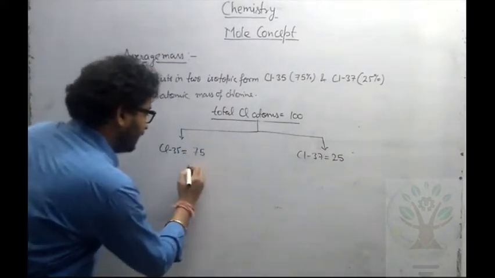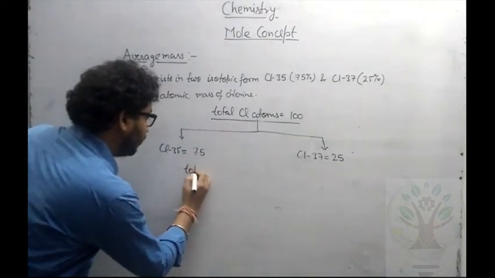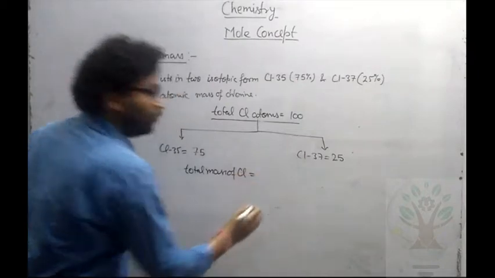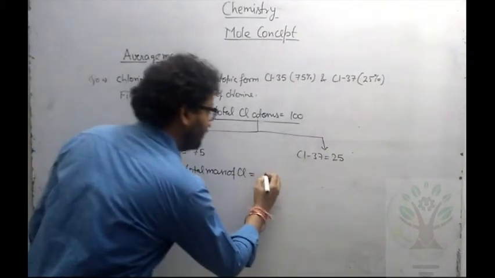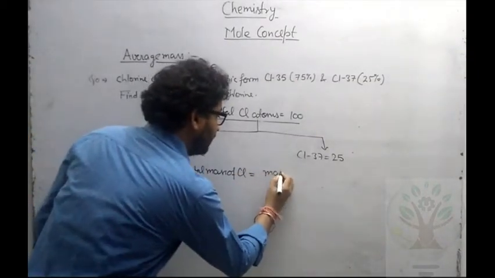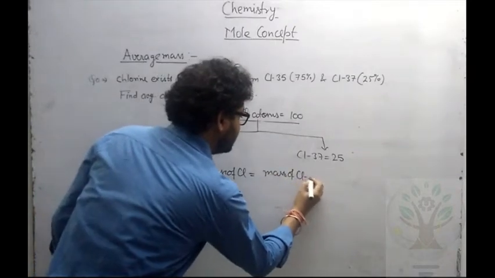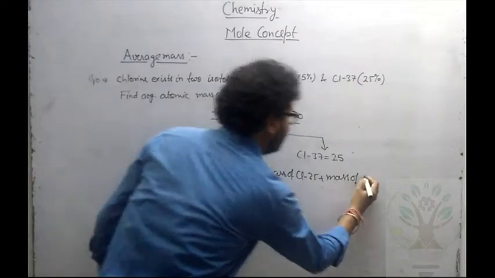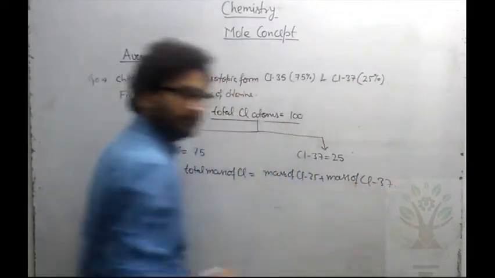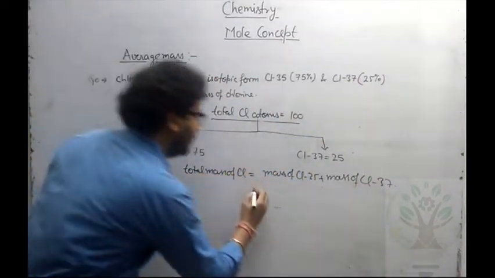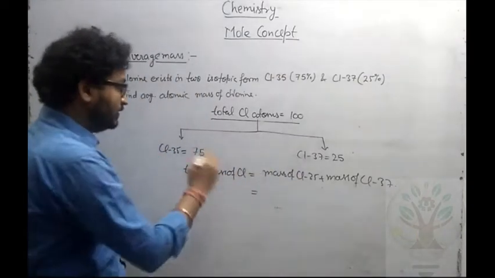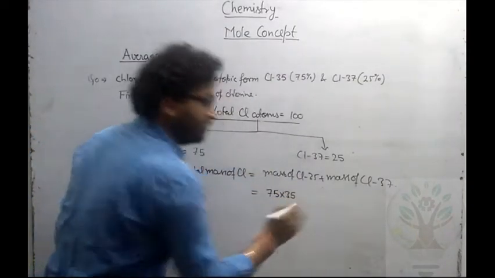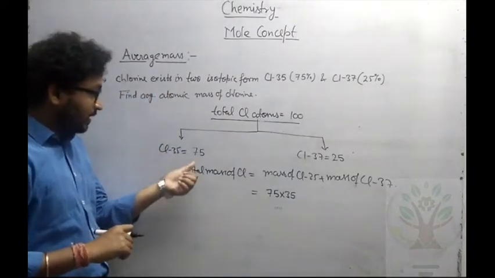Now, can you tell me the total mass of chlorine? The total mass of chlorine will be the mass of Cl-35 plus the mass of Cl-37. Now what is the mass of chlorine 35? It is 75 multiplied by 35. How did it come?